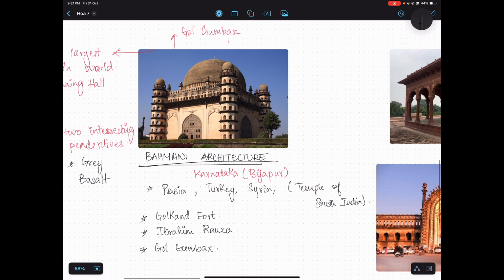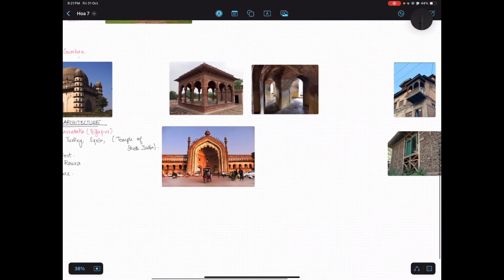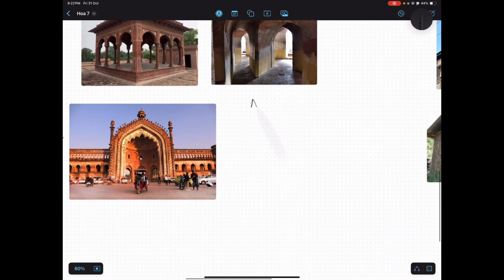Now we can move on to Awadhi. Awadhi architecture is from the region of Lucknow.